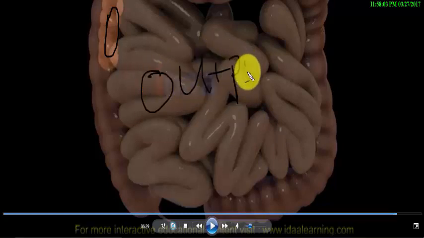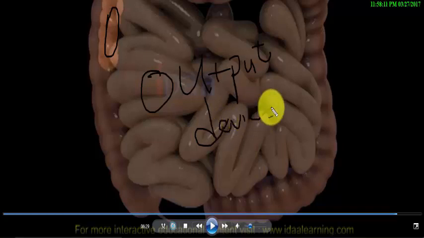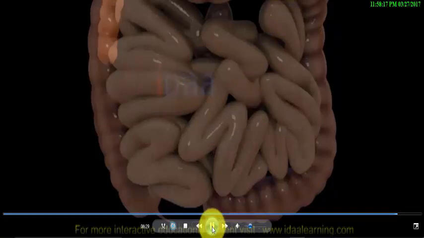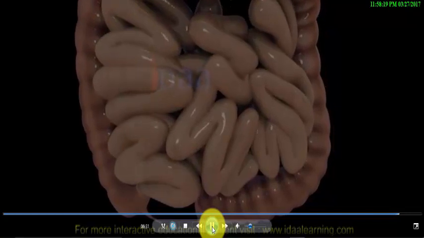Now, output means seeing what we are doing on the computer. If you are able to see what you are doing on the computer, that is what we call output. So, an output device. Let's see first where this data is going.